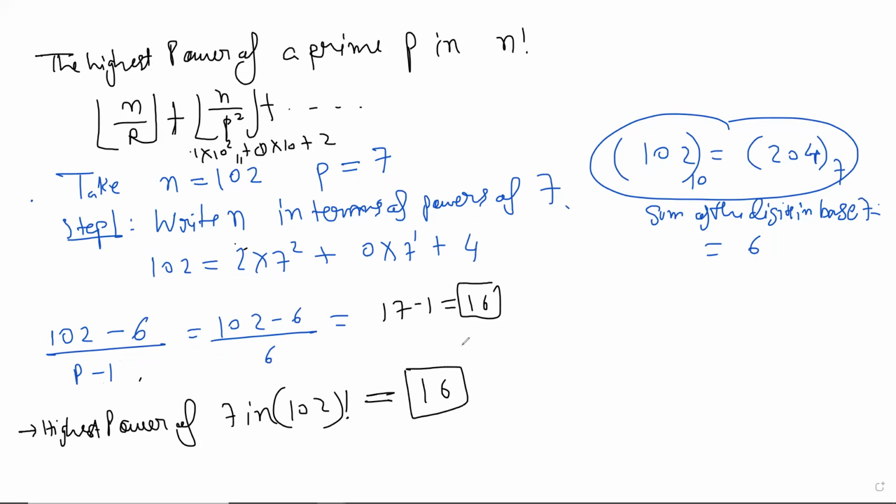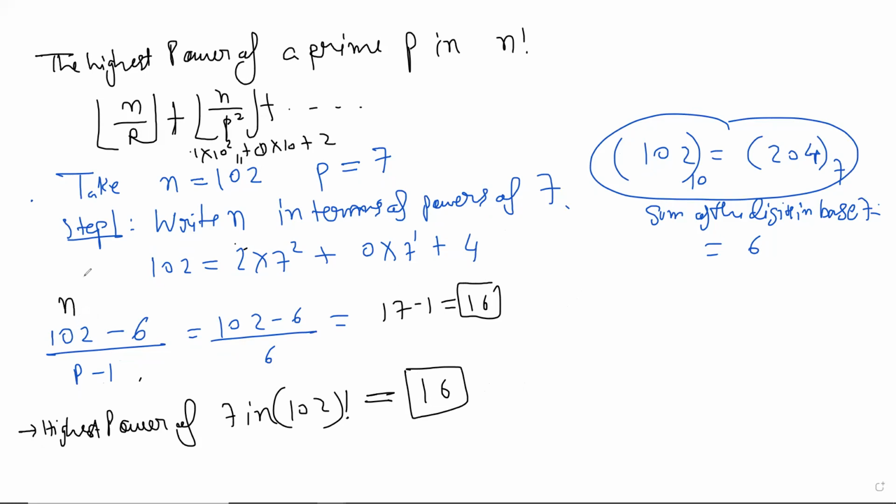Now, how do we explain why these are the same? Because maybe they look like very different things. Yeah, we did some very different things, right? So 102 was a number that we started with.